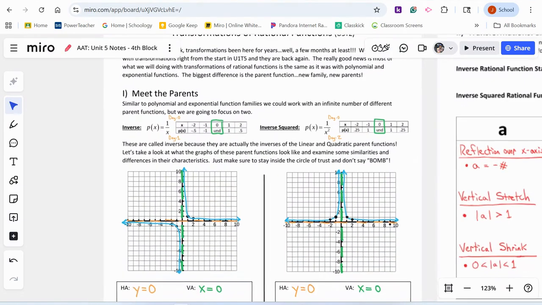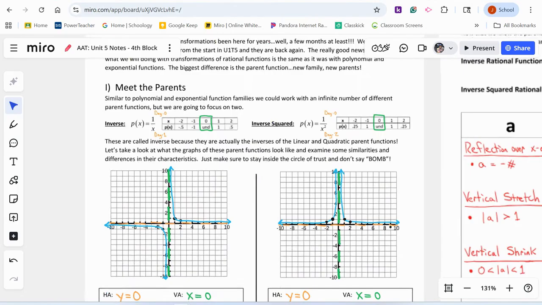The first thing we've always done is we have talked about the families within the family. So the rational function family, guys, is enormous and super variable, right? There's tons of different individual families that we could look at that make up the big, broad family as a whole.